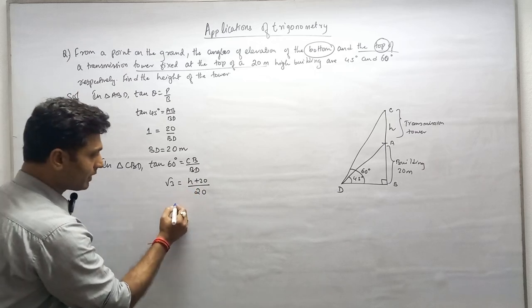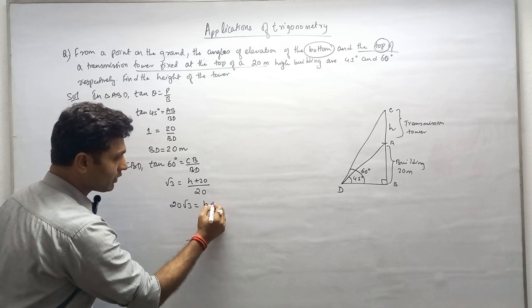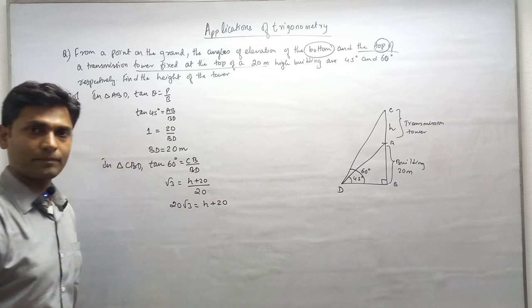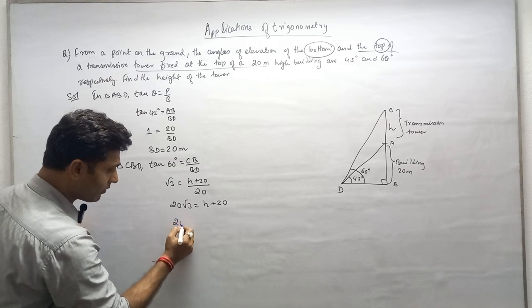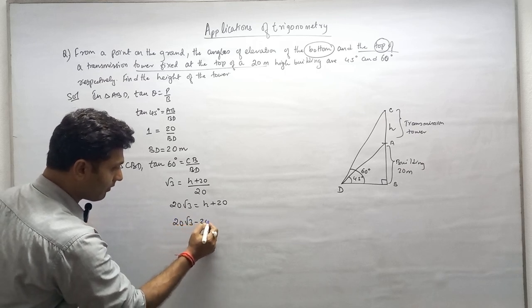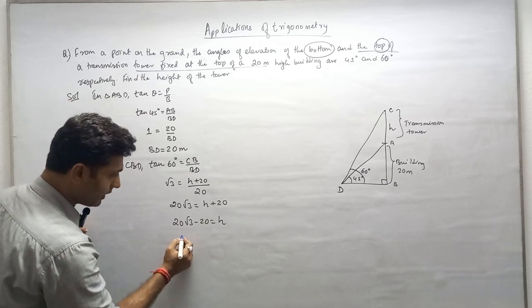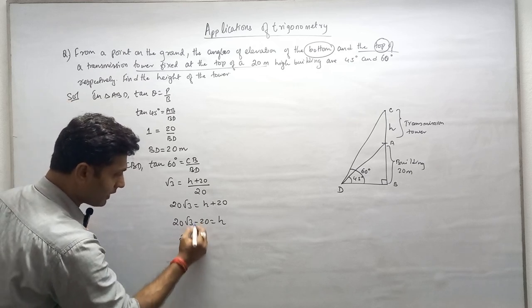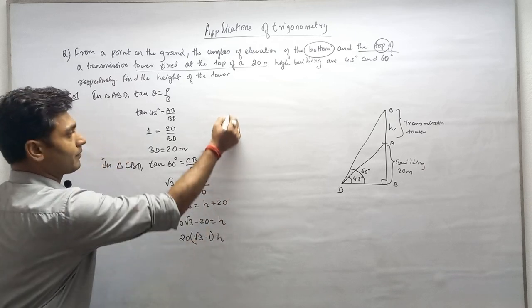Again, if you cross multiply, 20 root over 3 is H plus 20. We'll take 20 to the left hand side. This is 20 root over 3 minus 20 is H. If we take out 20 as common, then what is left is root over 3 minus 1.